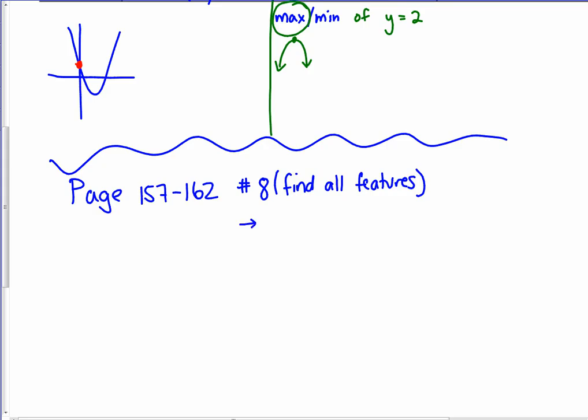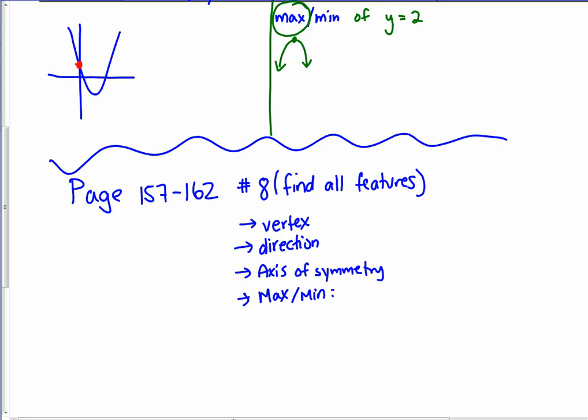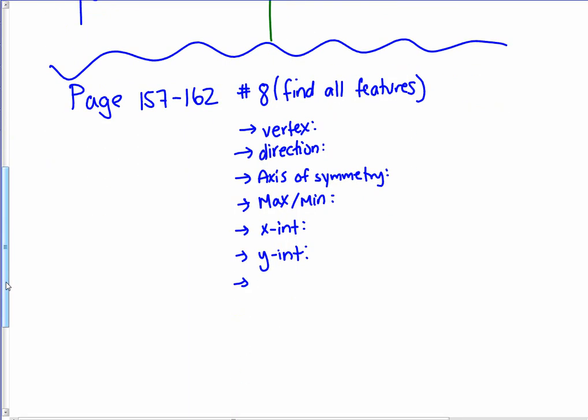I want you to find the vertex, the direction of opening, the axis of symmetry. We're going to do it together. Is it a max or a min, and what is it? The x-intercept, the y-intercept, domain and range.